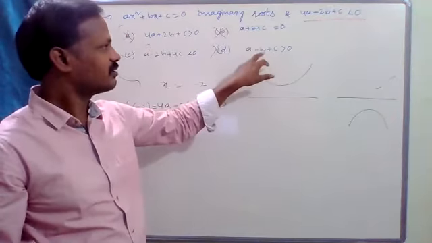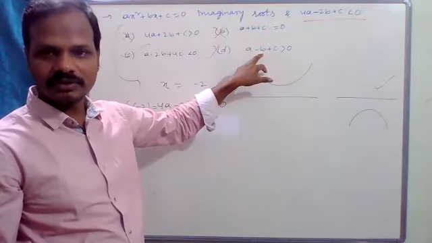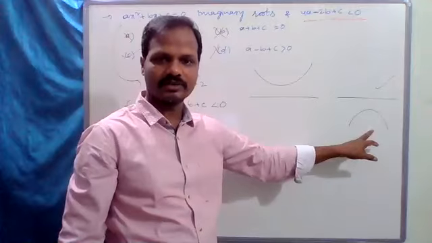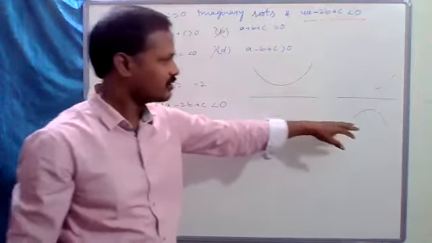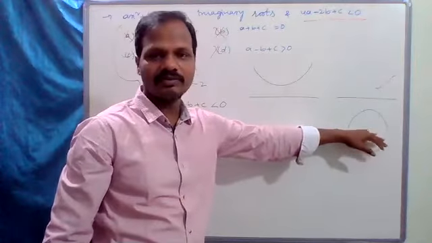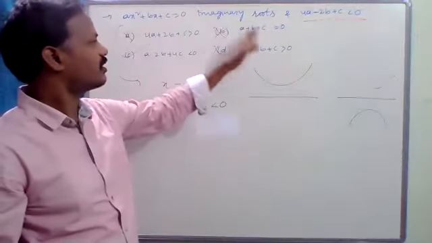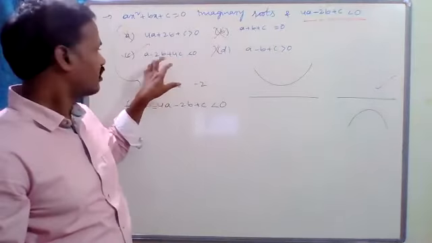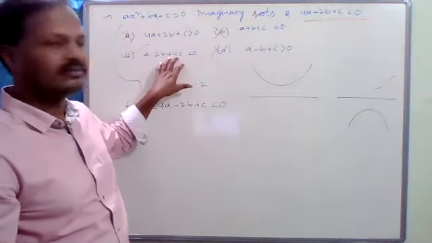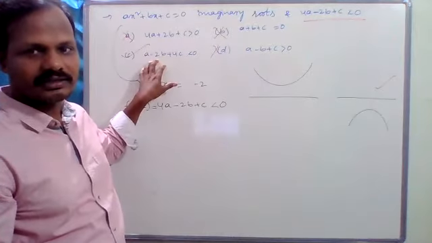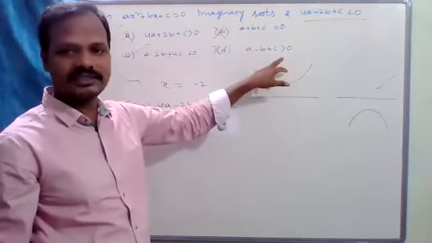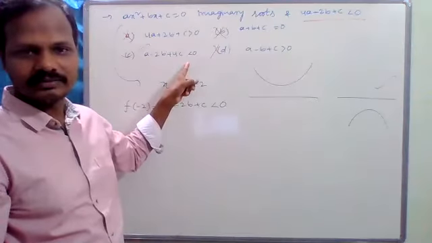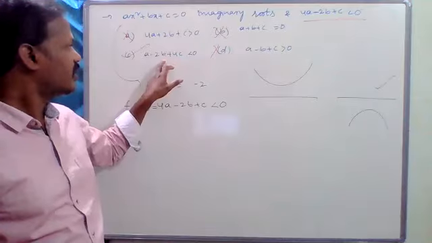With x equal to minus 1 it is positive, but the graph is always negative. Once you conclude the nature of the graph, there is no need to check all the results; just look for the option which is less than 0. That is the correct answer. If another negative relation were there, you would have to think about it, but only one relation is negative. So this is the answer.